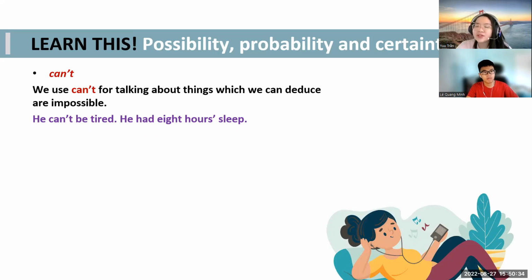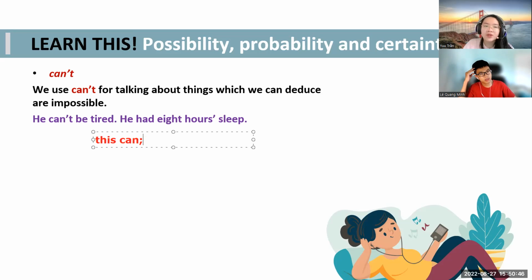So for some situations you can hear characters in films say this: This can't be true. Đúng không? Chúng ta đã từng nghe các nhân vật trong phim nói câu đó chưa? This can't be true. Okay, when do they say this?